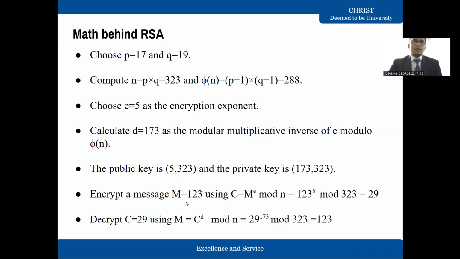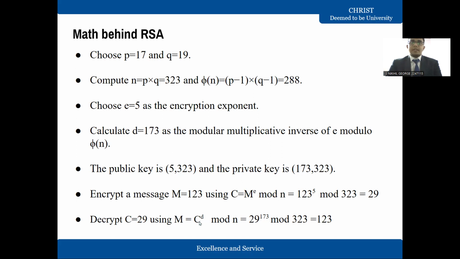Further, let the message be 123. To encrypt, you use C, the cipher, equal to m to the power E mod n. You'll get this value, and when you decrypt it, you use the cipher you received, 29, and m will be your message.